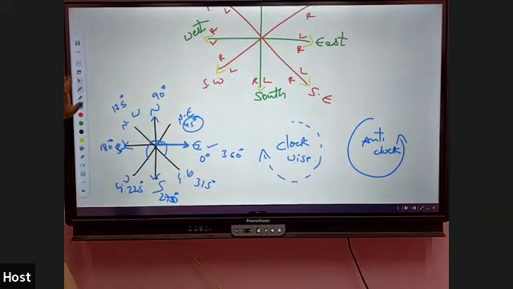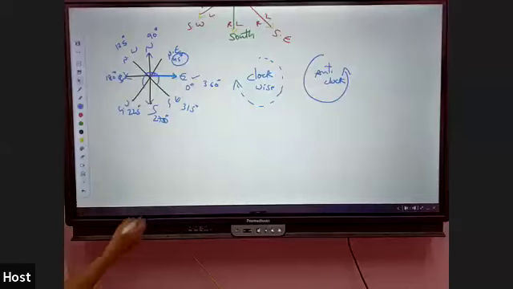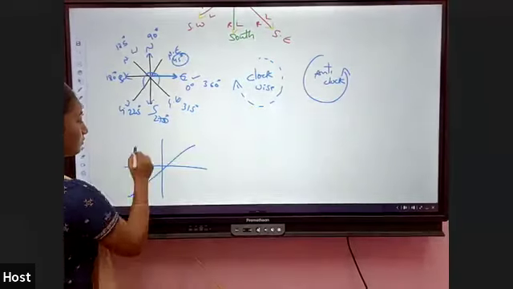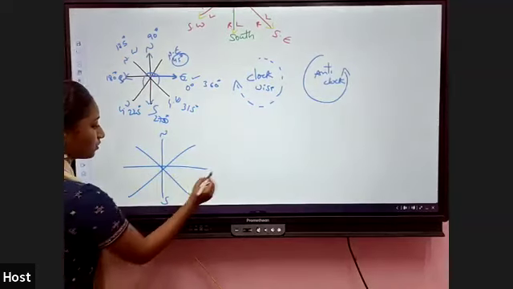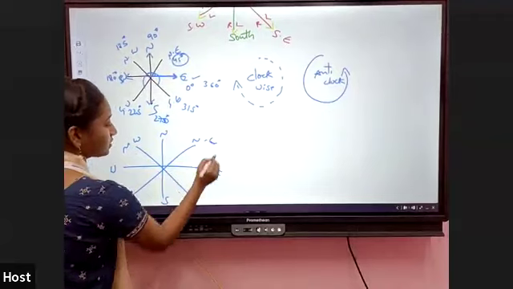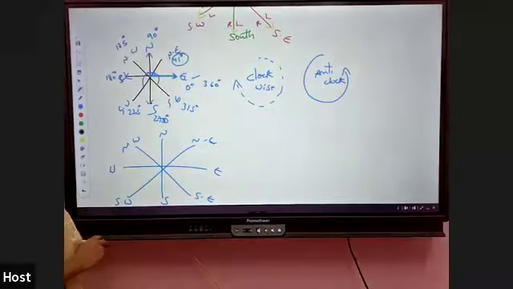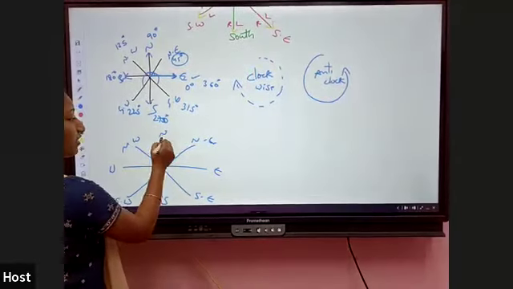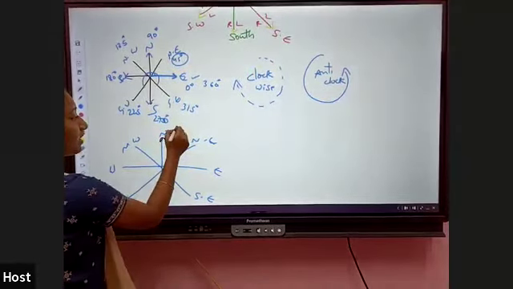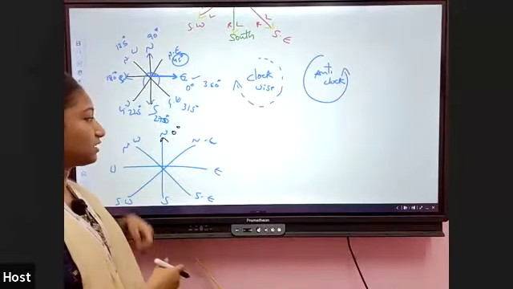Next, coming to the clockwise direction, it will change completely. North, south, east, west, northwest, northeast, southeast, southwest. So let us take north as 0 degrees. We are now taking the clockwise direction, so we should come like this.